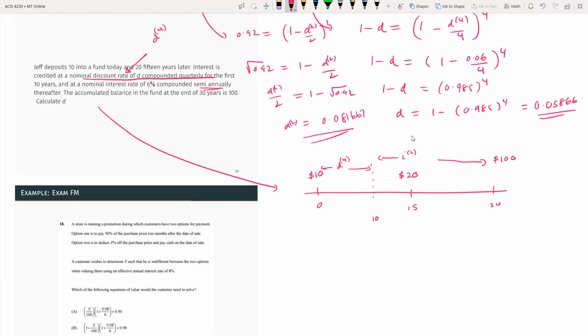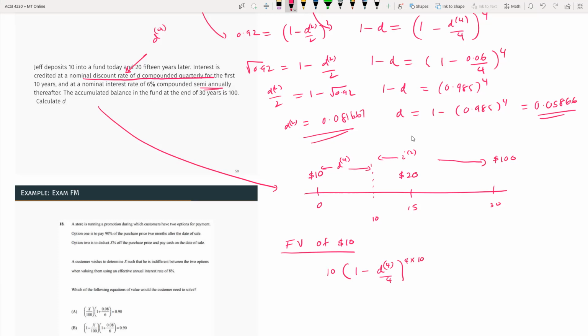So let's try to calculate what would be the future value of the $10. It's going to be 10 times (1 minus D^(4)/4) to the minus 4 times 10, for 10 years.